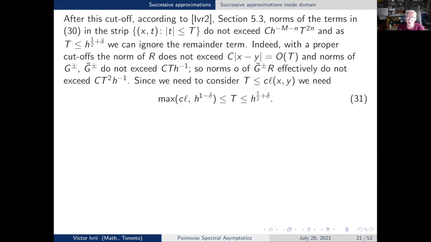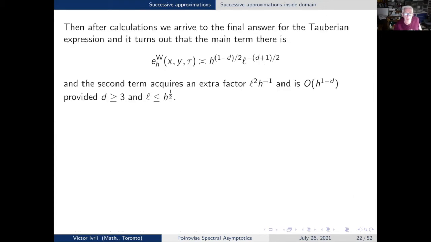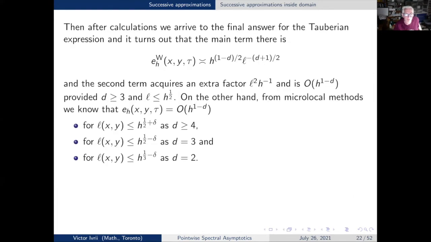Since we need to consider t less than L, we need to have this inequality in these estimates, and then it was shown that we do it simply, solving one after another problems with constant symbols with respect to y, with respect to x, and do some calculations.